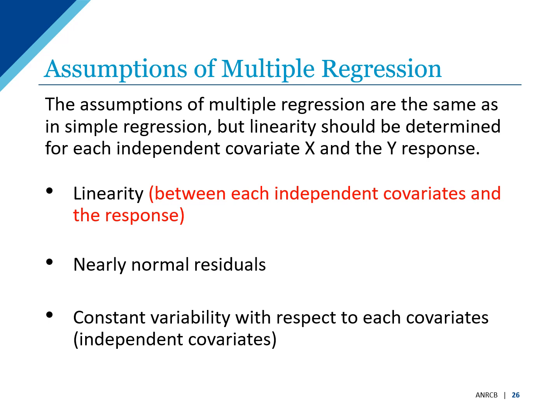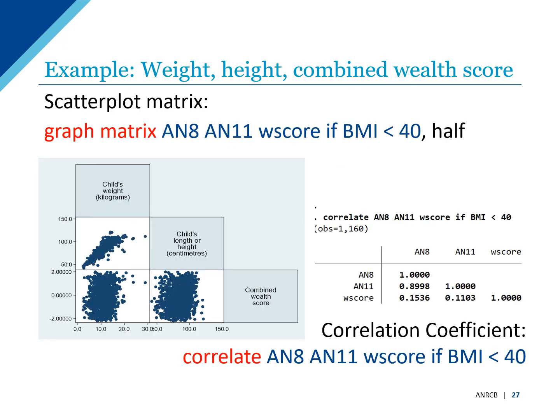The assumptions of multiple regression are the same as in simple regression, but linearity should be determined for each independent covariate x and the y response. Let's take an example of weight, height, and an additional independent covariate, which is combined wealth score.